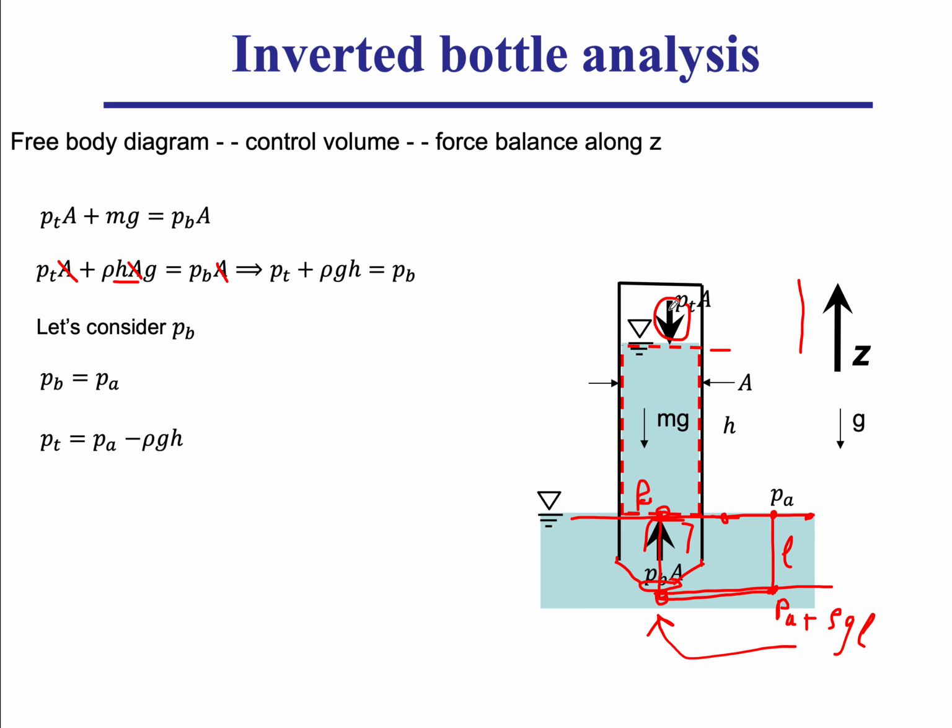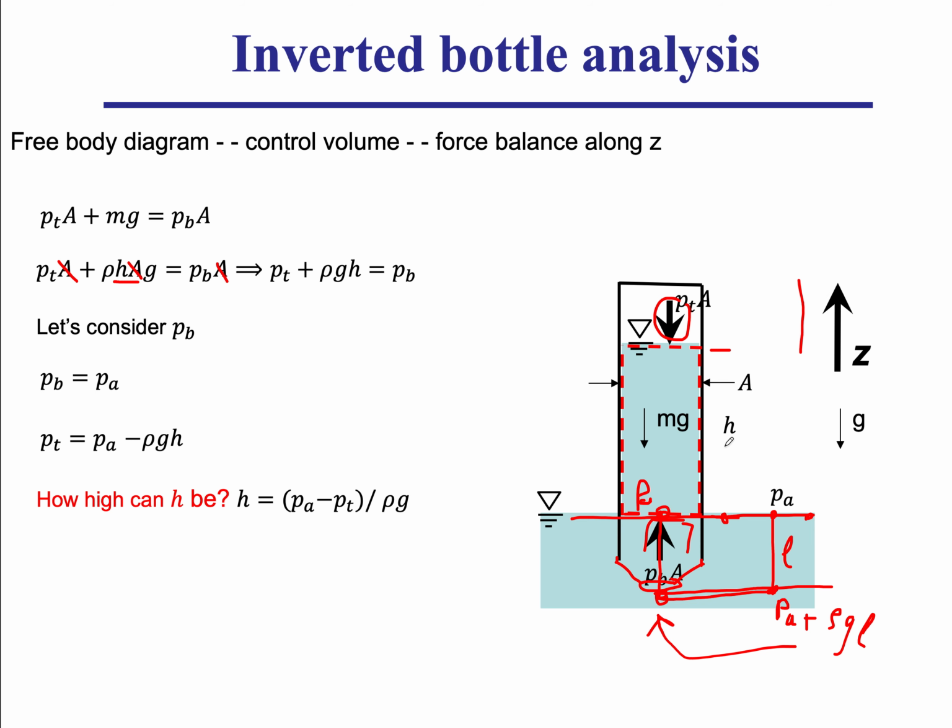I've created a region, a gas, that's at a pressure below the atmospheric pressure by a vacuum pressure of rho gH. So the pressure in the closed gas compartment here is below the atmospheric pressure. It's under vacuum.